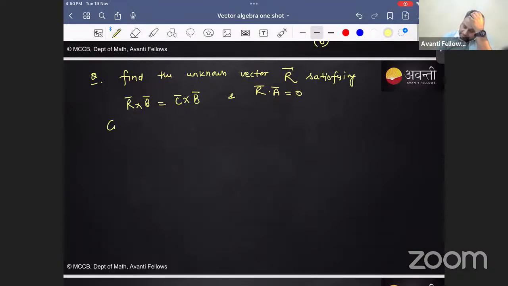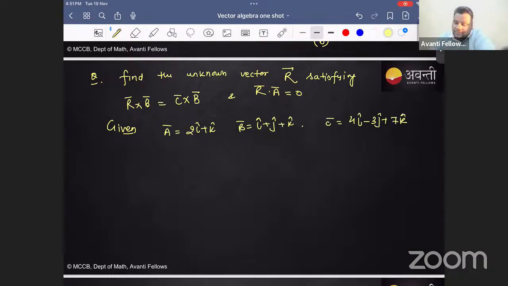Try it. Given vector A is 2i cap plus k cap. Vector B is i cap plus j cap plus k cap. And vector C is 4i cap minus 3j cap plus 7k cap. Find the unknown vector R satisfying these two.